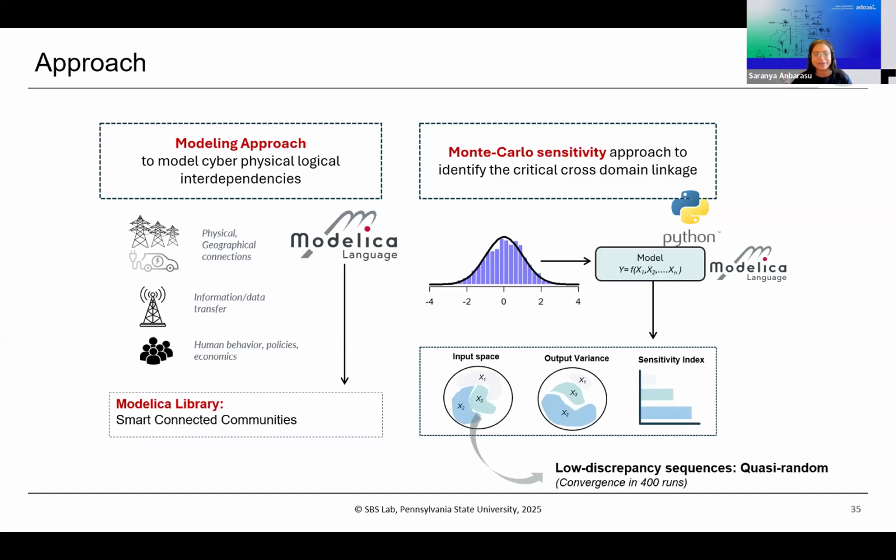So we went with quasi-random sequences, which offer quicker convergence. We had to run around 350 to 400 runs to mimic the entire span of the probability distribution. That's what we want, because we don't just want a linear variation in the input profile. We want to consider the realistic probabilities that will be observed in real systems.